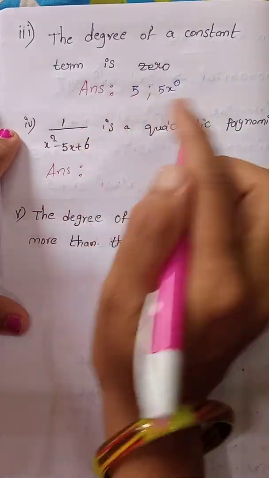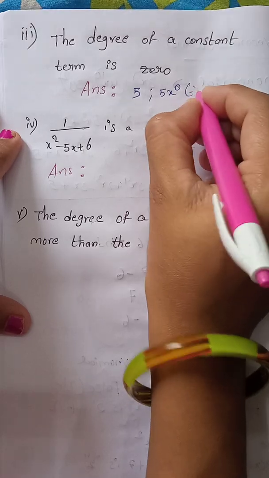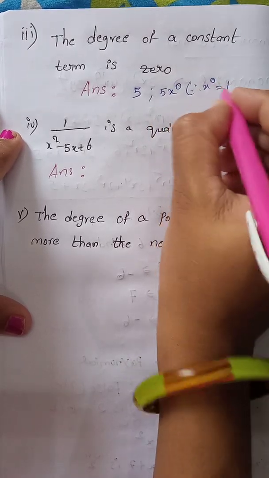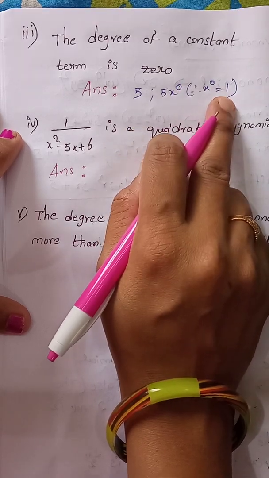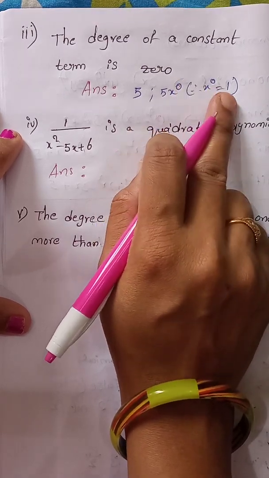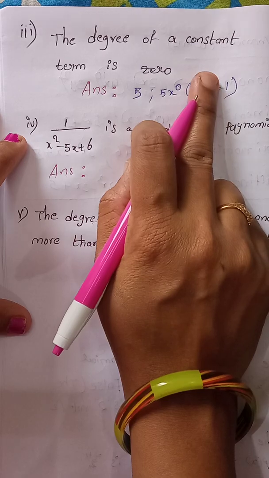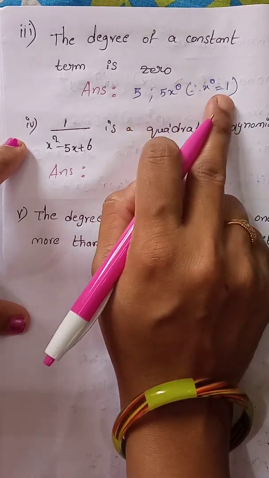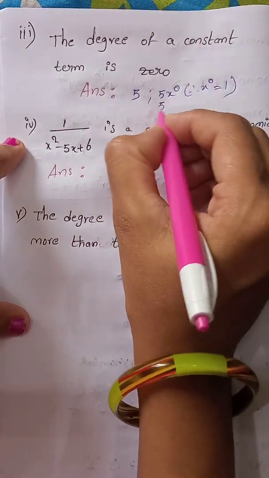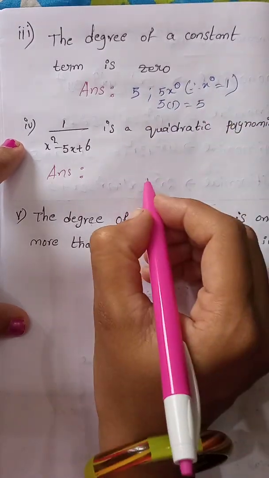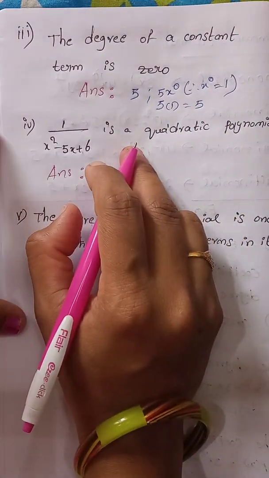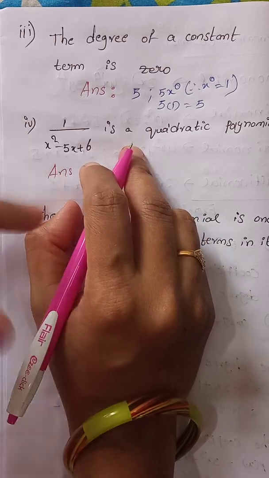These two are the same because x power 0 is 1. Anything to the power 0 is always 1. Here 5x power 0 is nothing but 5 into 1, 5. Okay. For example, 100x power 0 is nothing but 100.